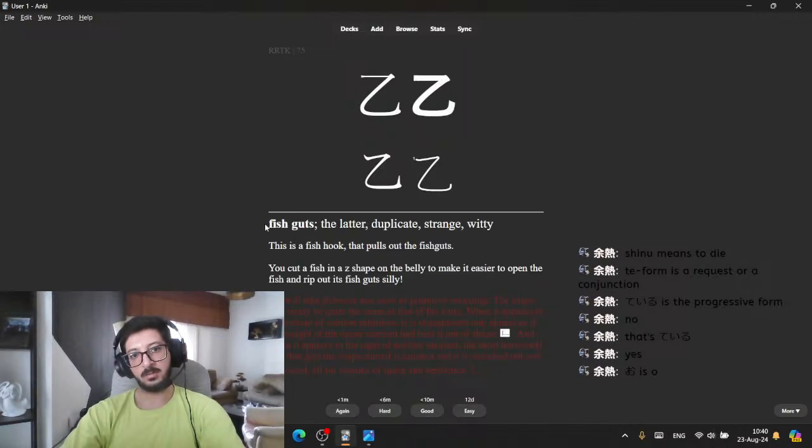Fish guts. The latter. Duplicate. This is a fish hook that pulls out the fish guts. You cut a fish in a Z shape on the belly to make it easier to open the fish and rip out its fish guts.